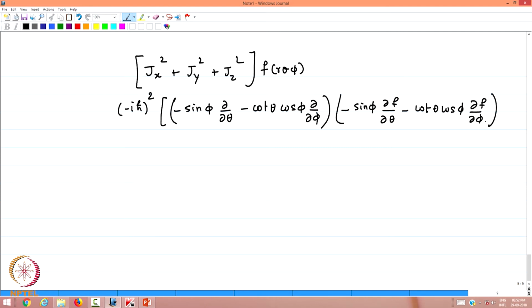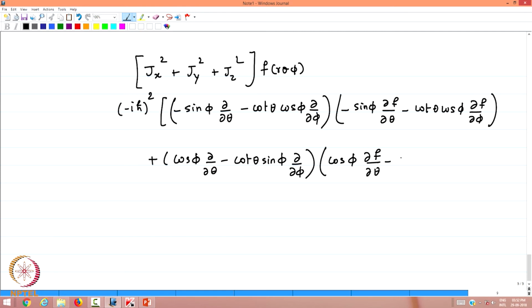This is Jx², and likewise for Jy² you will have plus cos φ ∂/∂θ minus cot θ sin φ ∂/∂φ, acting on this function: cos φ ∂f/∂θ minus cot θ sin φ ∂f/∂φ.